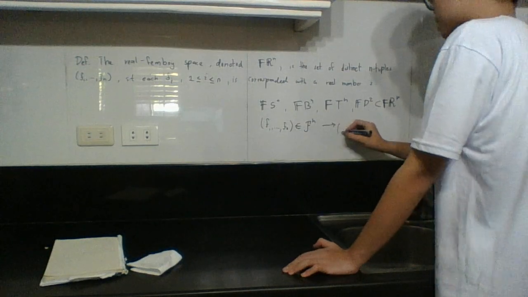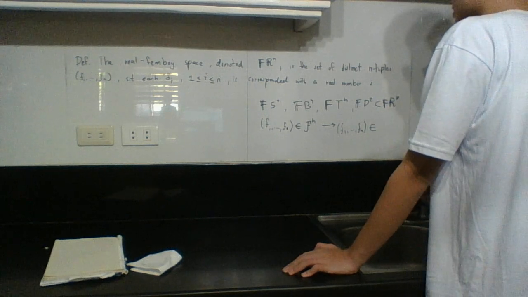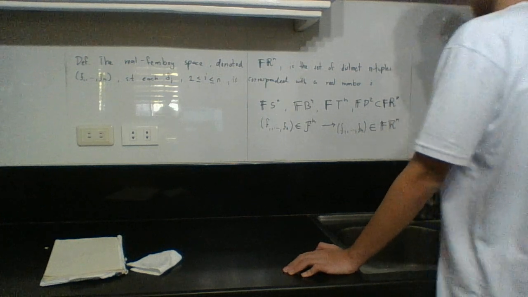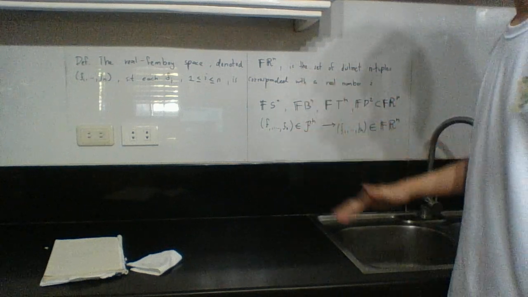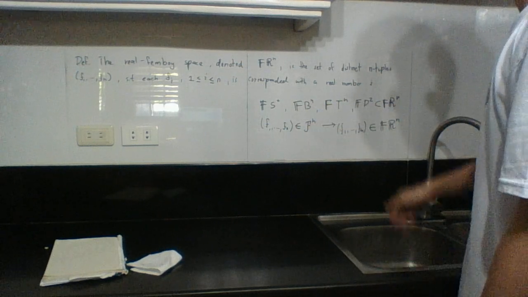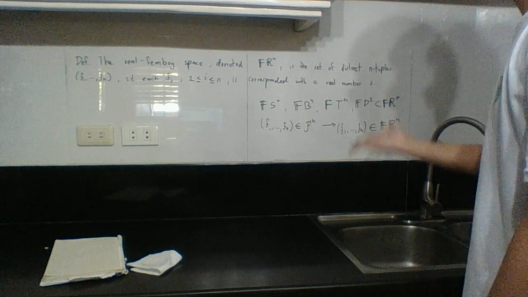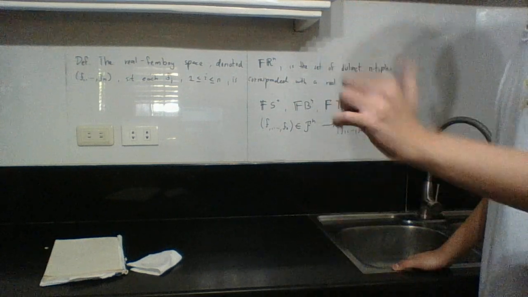Instead of saying that it's an element of Fn, we say that the tuplet F1 through Fn is an element of FRN. That's it. And then we've essentially carried over the idea of it just being part of the n fundamental space, and then just saying that it is now a subset of it. So there. So that is one way of thinking about the femboy structures we have constructed thus far, especially in femboy theory.